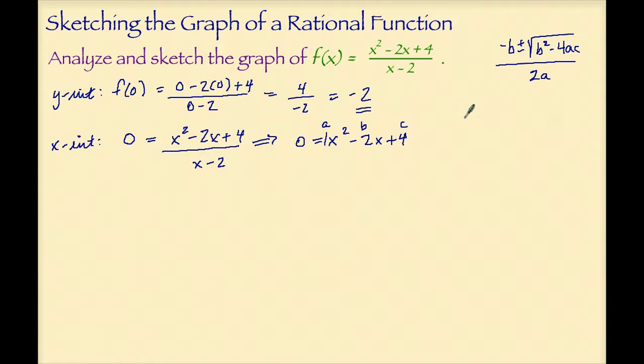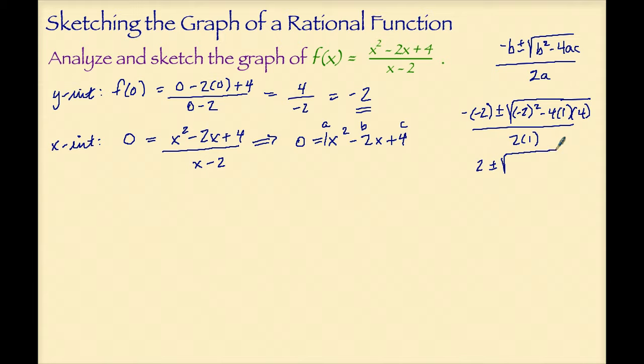So the quadratic formula for this quadratic will be negative 2 plus or minus b squared will be negative 2 quantity squared minus 4 times 1 times 4, and that's going to be all over 2 times 1. We simplify this and get 2 plus or minus. Underneath the radical now we're going to have 4 minus 16 all over 2.